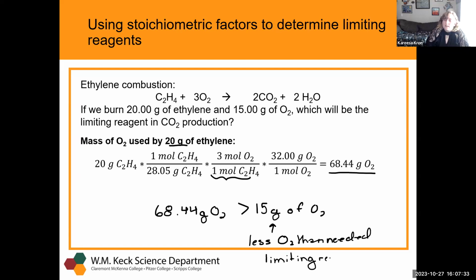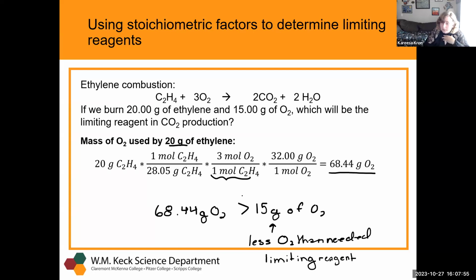And so in this way of determining limiting reagent, I only need to relate my reagent to my other reagent using stoichiometric factors. So this might be a more direct way to compare the amounts that I might need in the system and determine the limiting reagents.